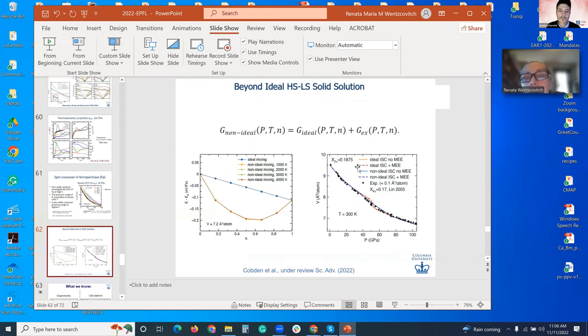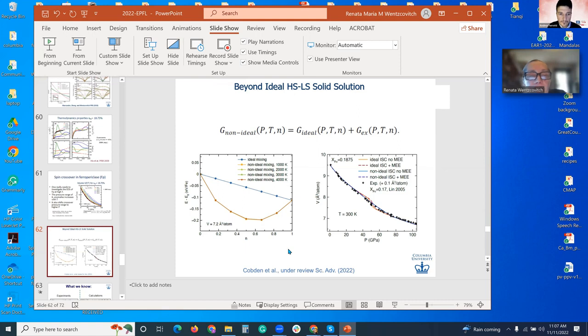So this is iron, this is a 300 Kelvin calculation. Iron in the high spin state undergoing the spin state change, right? So this is the ideal solid solution model. Here, n is the low spin fraction: n equals 1 is low spin, n equals 0 is high spin. In the ideal solid solution, you interpolate the static energy linearly with n, okay?